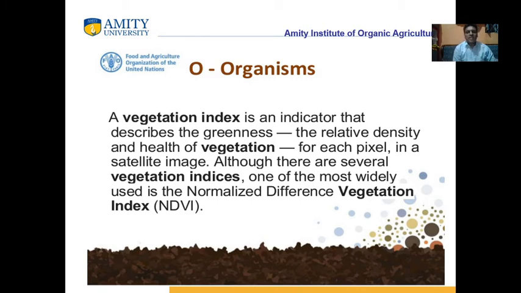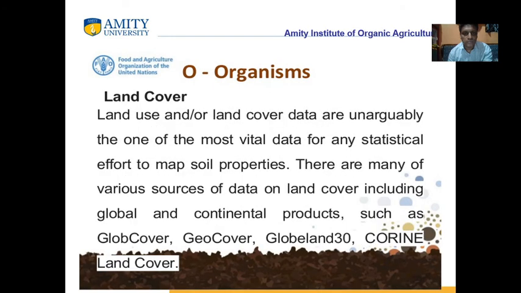These are satellite generated information. Satellites can measure the Normalized Difference Vegetation Index, and it is very popular. The vegetative cover or vegetative index or organisms are measured with the help of land cover data.